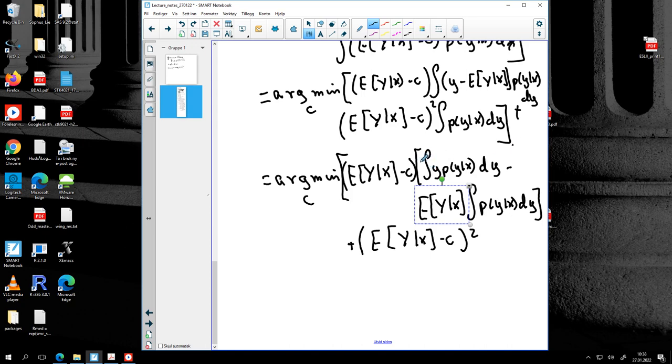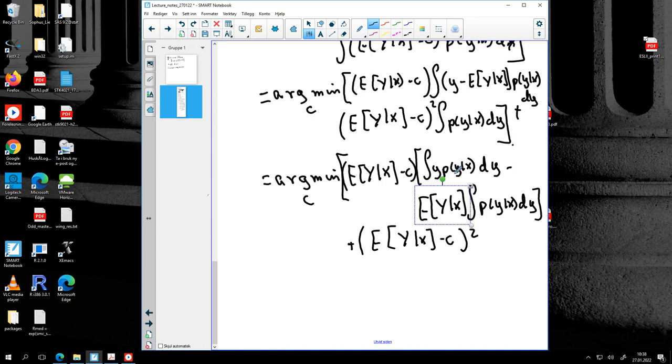Okay, but then if we now look at this, sorry. Now, if we look at this integral, this is an integral of a variable y times its density, but that's an expectation.